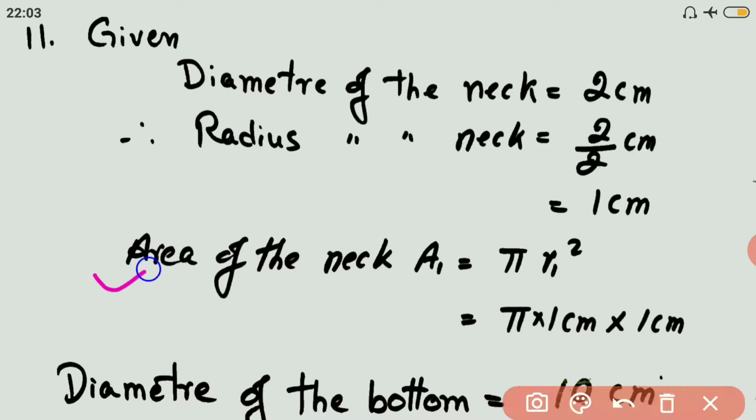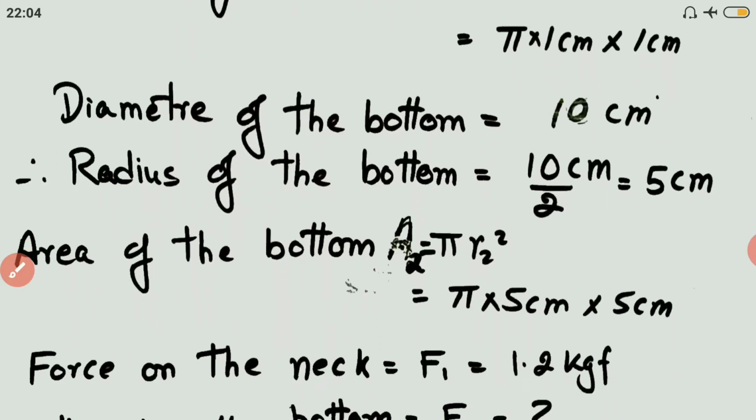In order to find the area of the neck. Using the formula of area, pi r square, here I am using r1 because r1 will suggest the radius of the neck. Replacing the values, I am getting pi into 1 cm into 1 cm. I am not solving it right now because it might get cancelled.